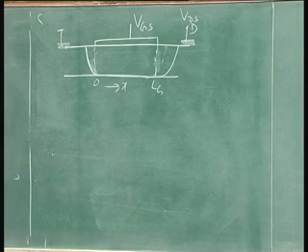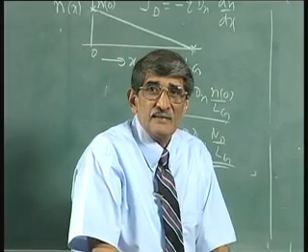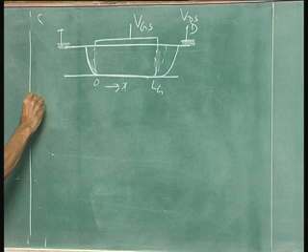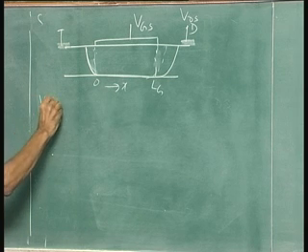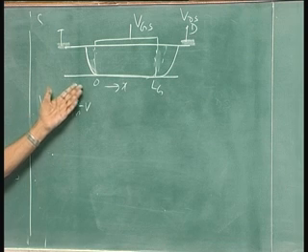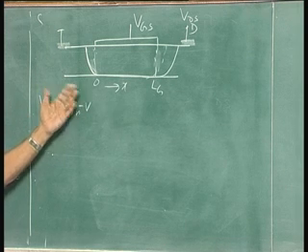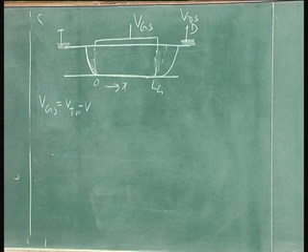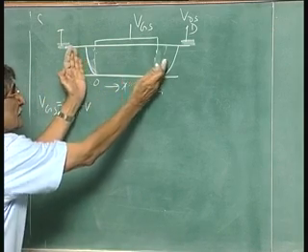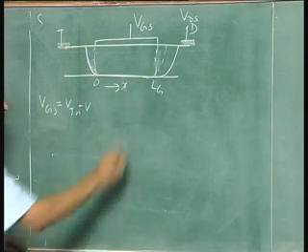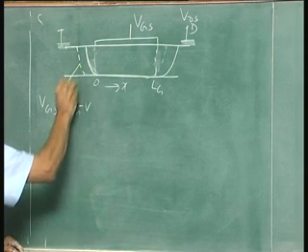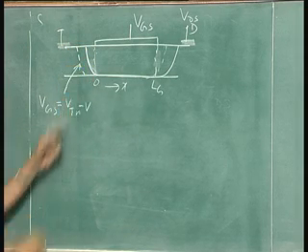Now, if I apply VGS equal to Vtn minus V, let us talk of depletion mode, because the argument holds good for both. More negative voltage you apply to the gate, what happens to this depletion layer? It will expand that way. So, this will be like this. This is the edge of the depletion layer for this situation.